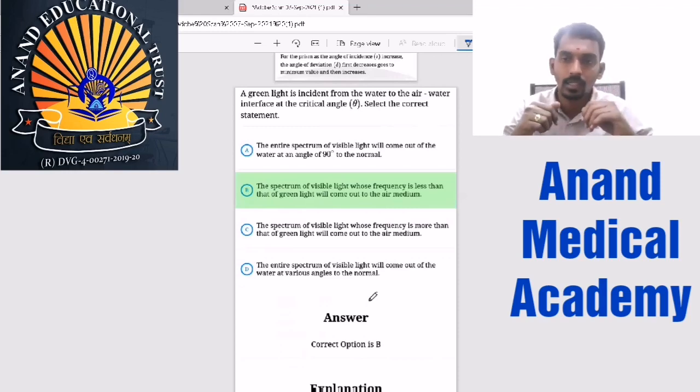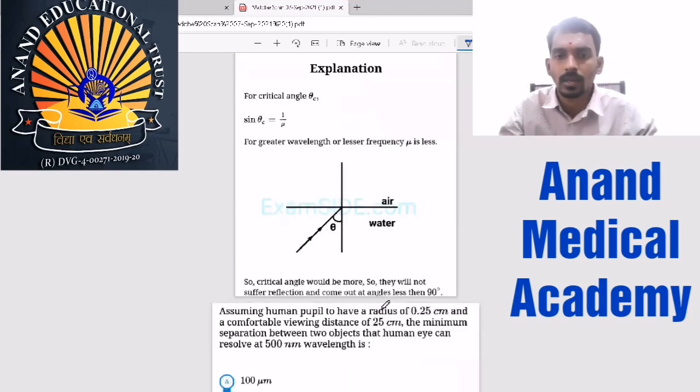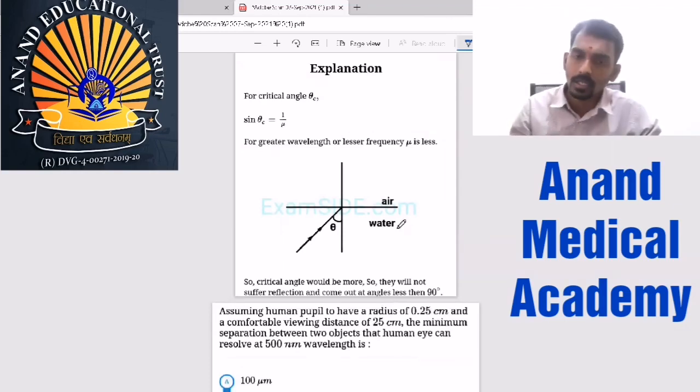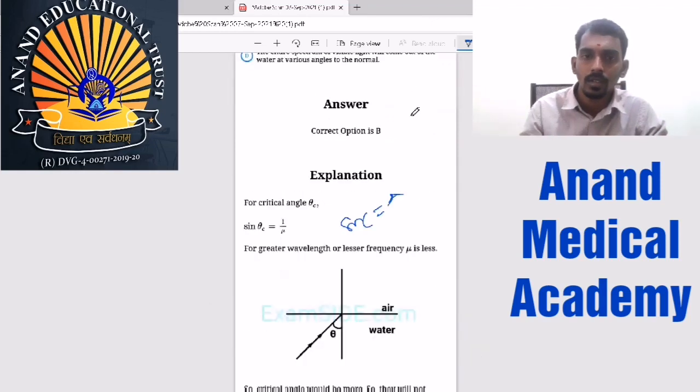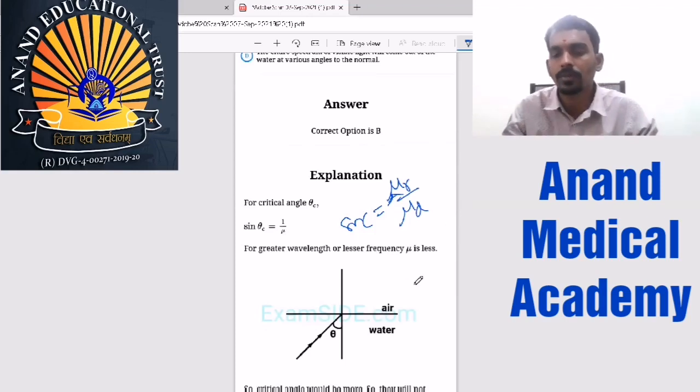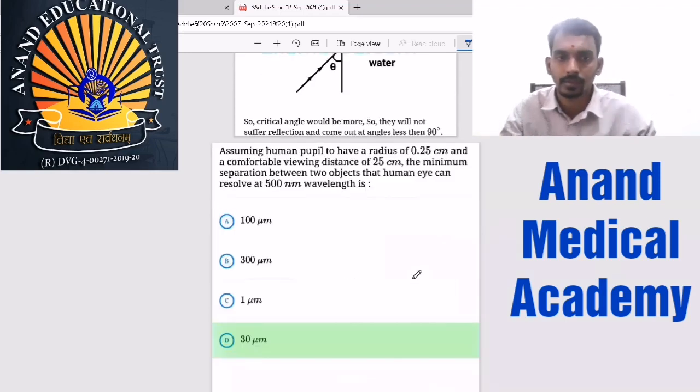What is the area of the circle through which light emerges, or the field of view of a fish? Questions will come based on that also. But here direct condition-based questions are given, like the sin C formula, the critical angle formula, mu rarer by mu denser. So this is the formula for critical angle.